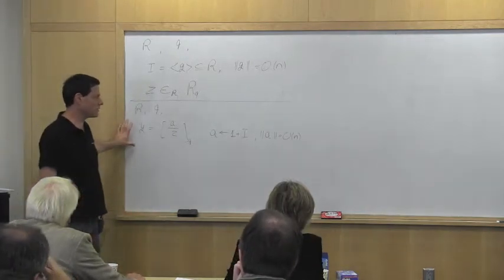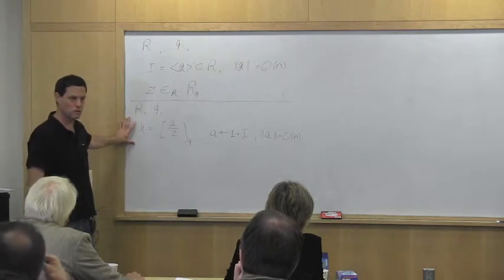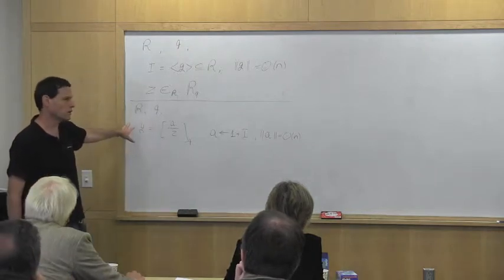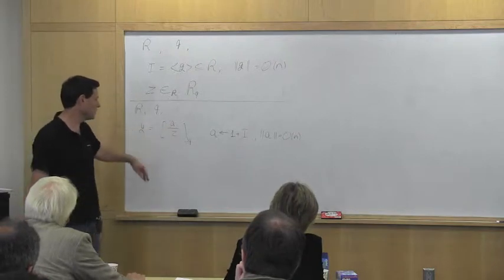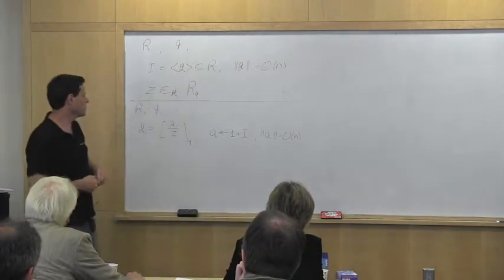So we have an encoding of 1 at level 1, because of z in the denominator.